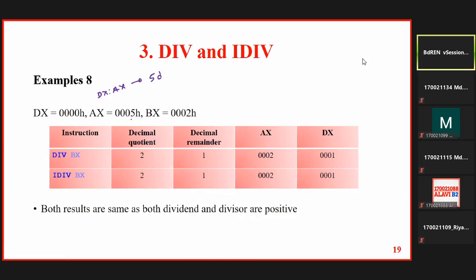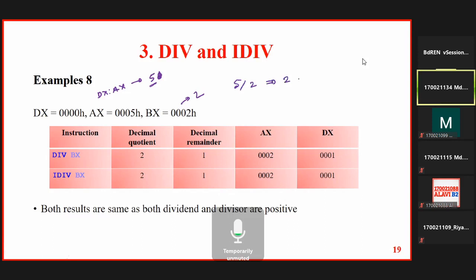If you are having 5h, that means in decimal there is 5, and bx is 2, which is also 2 in decimal. I'm giving the example so that you can understand, because we are familiar with division in decimal. So 5 divided by 2, what will be the result? 2, and the remainder will be 1.